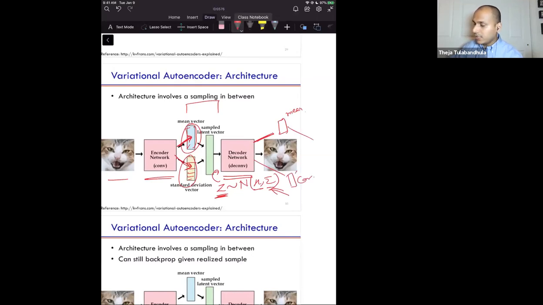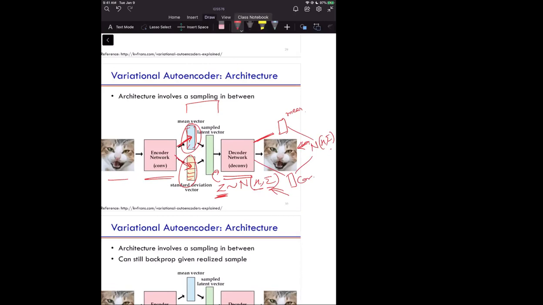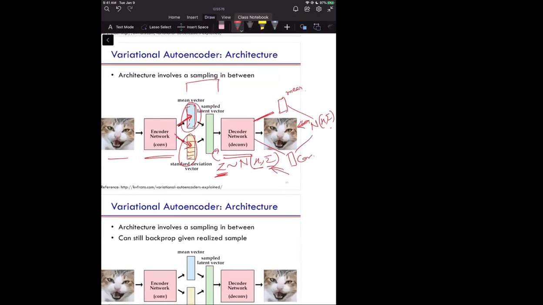Using these two, I'm going to sample again, and that sample is going to be the output image. So I'm just saying that the encoder and decoder now produce means and variances rather than the embedding itself.